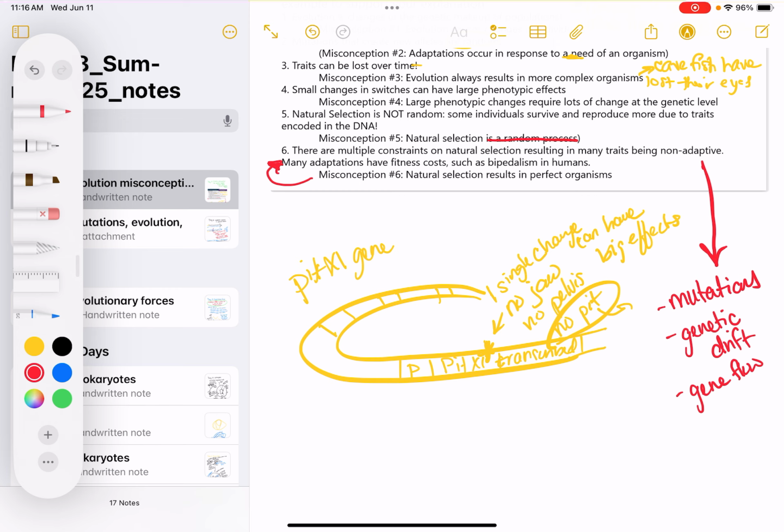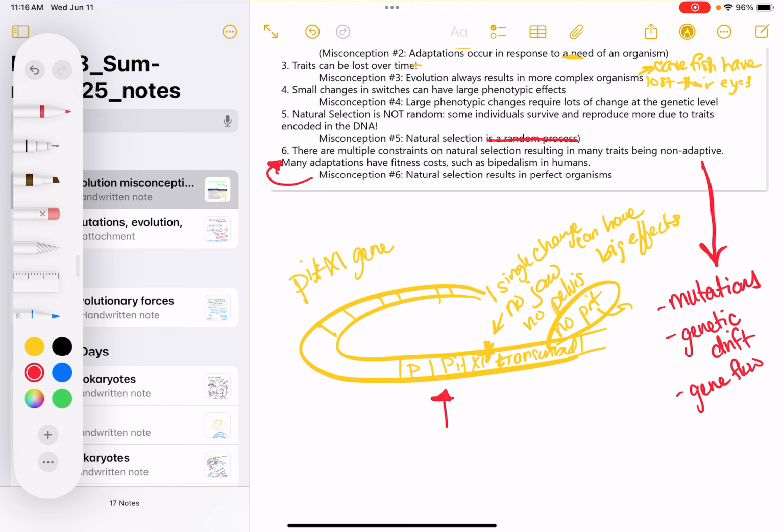There are lots of constraints, like which genes we have. There also are trade-offs. We have bipedalism in humans, so we can stand upright, but that causes a lot of issues for giving birth, as well as babies' development. Human babies are born a lot earlier in their development than a lot of other mammals.